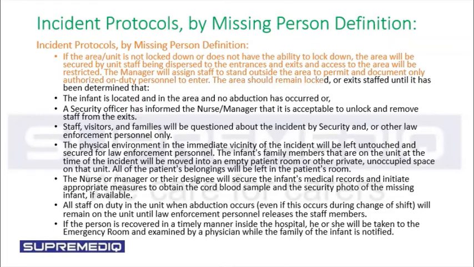The area should remain locked, or exits staffed, until it has been determined that the infant is located and in the area and no abduction has occurred, or a security officer has informed the nurse or manager that it is acceptable to unlock and remove staff from the exits.